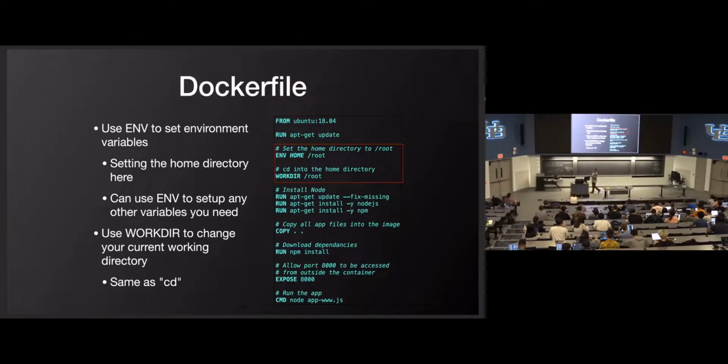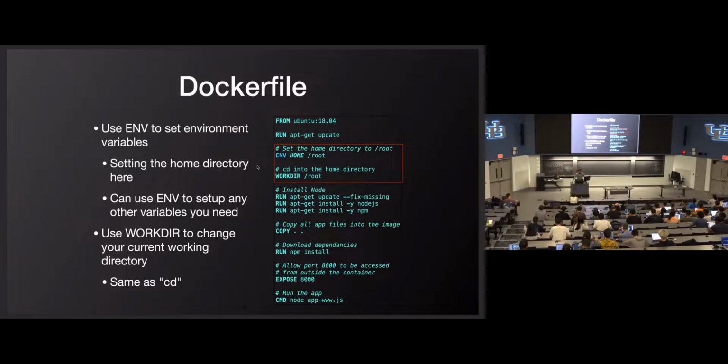If you want to set an environment variable, it's ENV, space, name of the variable, space, value of the variable. So I'm going to set the HOME environment variable, which is the variable that stores the name of my home directory, and I'm going to set that to /root. So my home directory is going to be /root. But in general, this is how you would set any environment variables that you want to use in your Docker container.